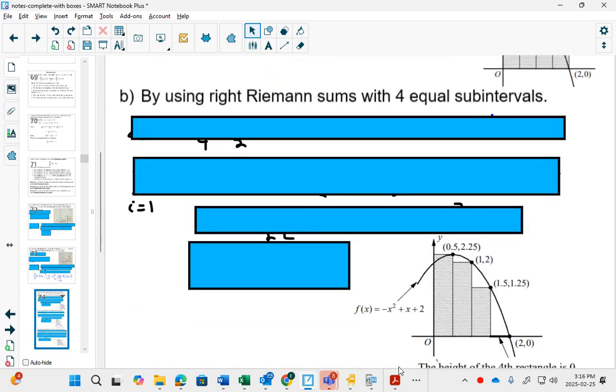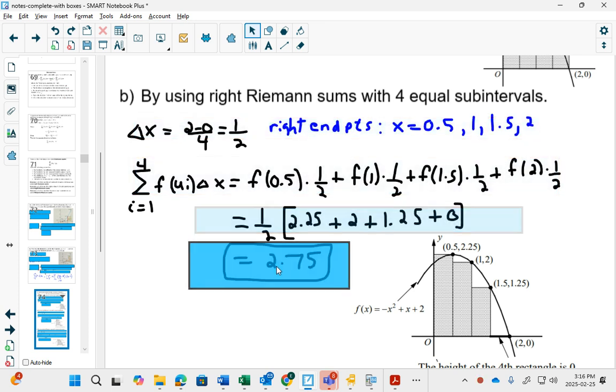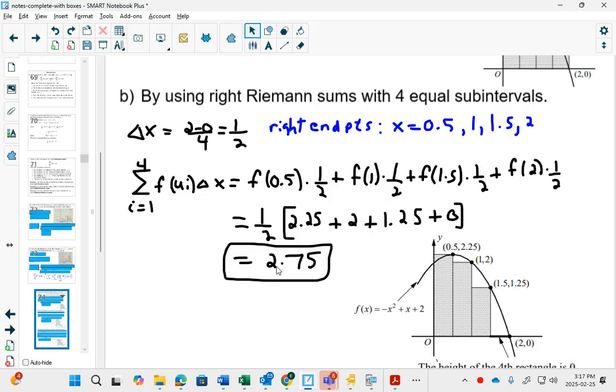So, there's the right-hand side ones. If you want to write it down, I don't know if it's even worth it. I think the picture is probably helpful, imagining where the right endpoints are.